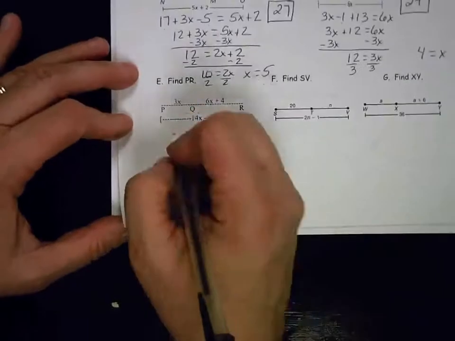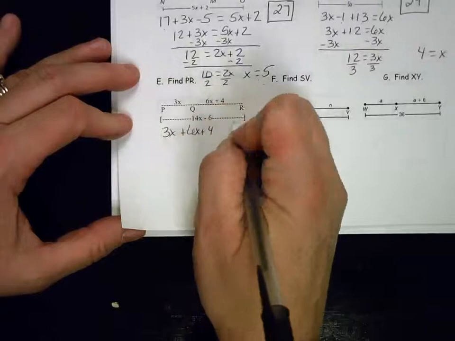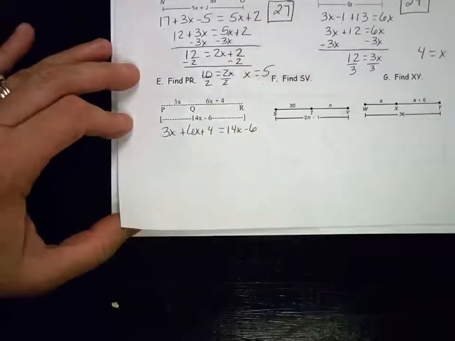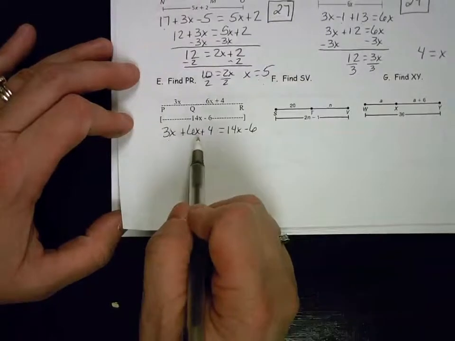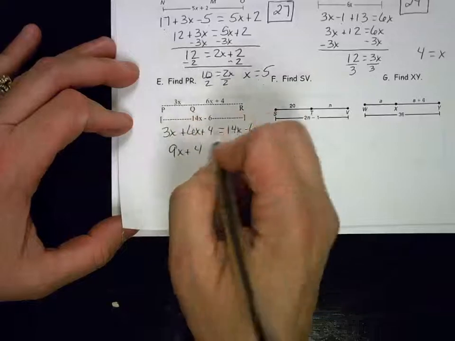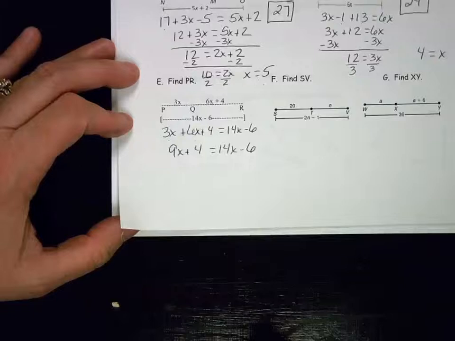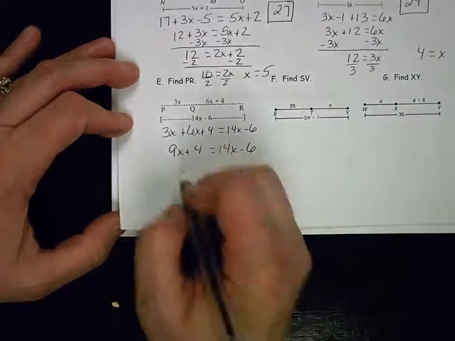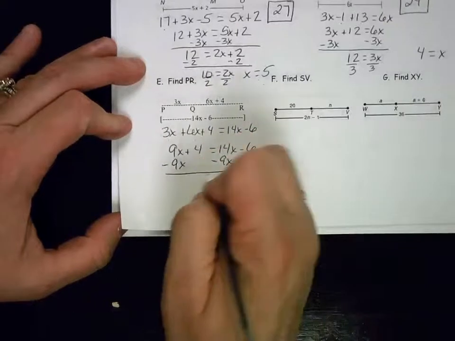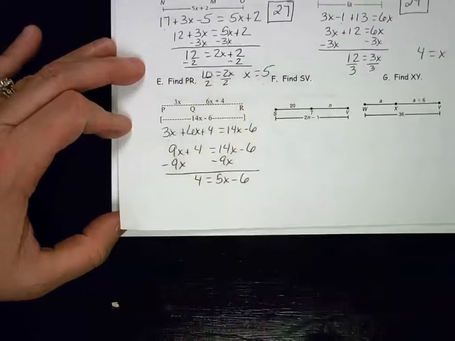Example E, you will have 3x plus 6x plus 4 equals 14x minus 6. 3x plus 6x is 9x plus 4 equals 14x minus 6. From there, you subtract 9x from both sides, and you have 4 equals 5x minus 6.